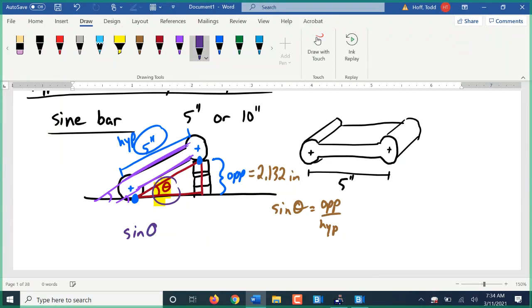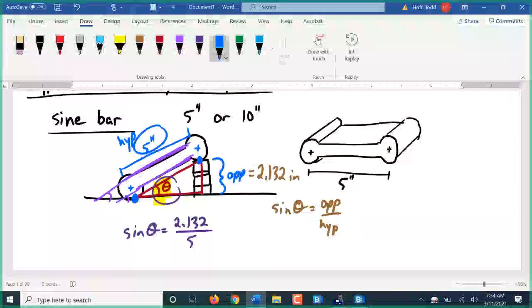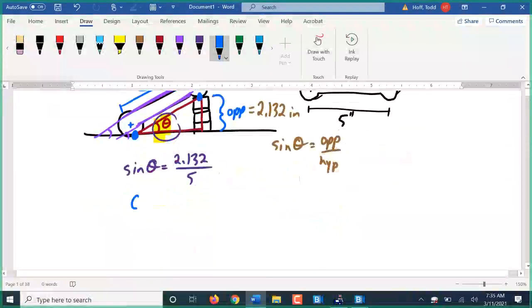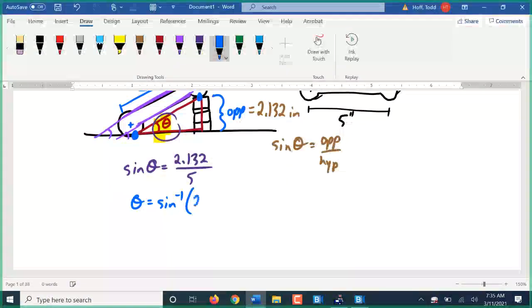Well, the sine of that angle equals the 2.132 inches, the opposite side, over the hypotenuse. Now remember, if we have the sides and we're looking for a missing angle, we solve that by doing an inverse sine. So the angle is equal to the inverse sine of 2.132 divided by 5.